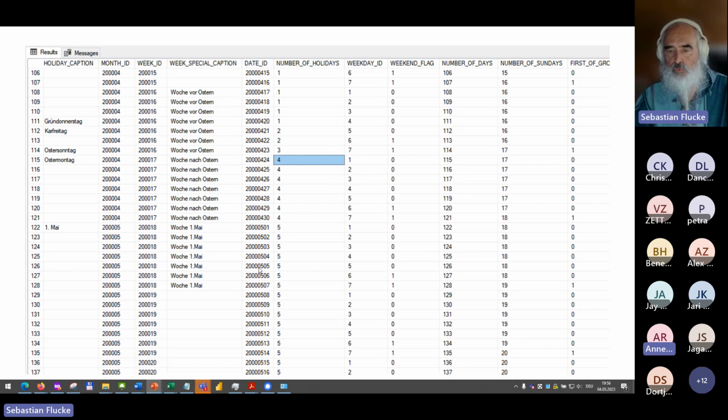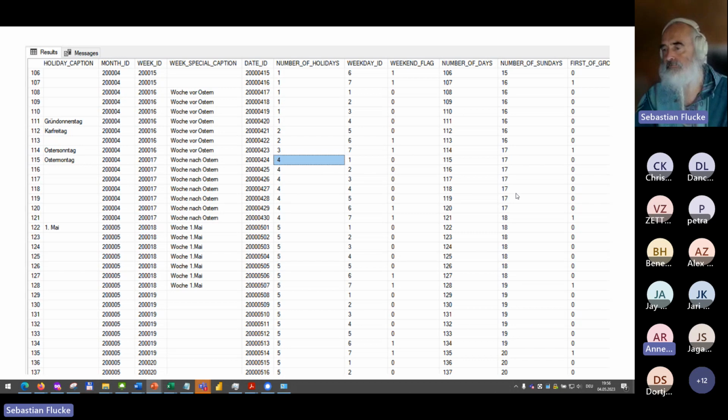Let's assume we want to calculate from 24th of April to 5th of May. Then we catch that value, which is 18, and we catch that value, which is 17, and we calculate the difference, and we know, okay, in that time range, we have one Sunday.